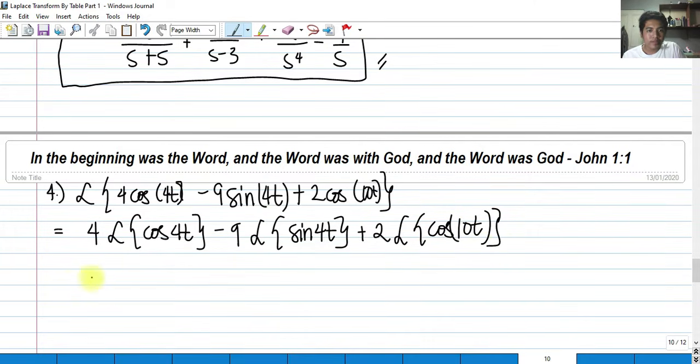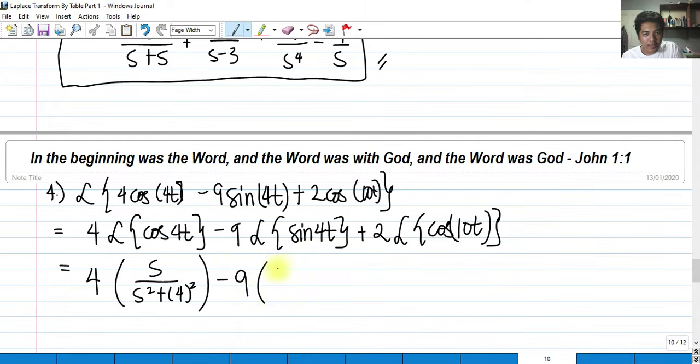So, what will happen here is, you have to get the Laplace transform of cosine 4t, and we know that that is s over s squared plus 4 squared. Minus 9, this is sine, so we have to get the a, 4 over s squared plus 4 squared.